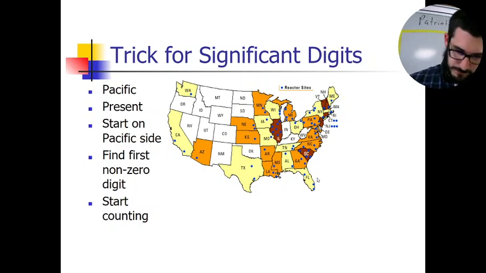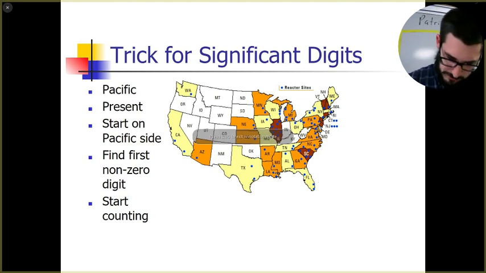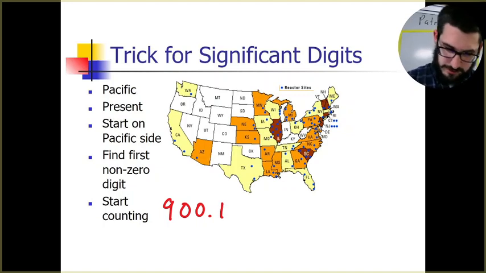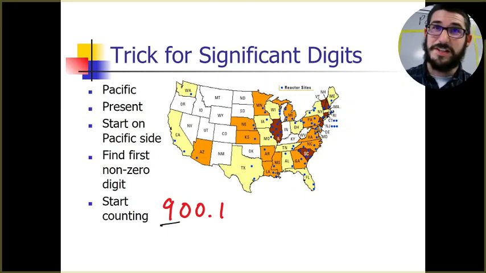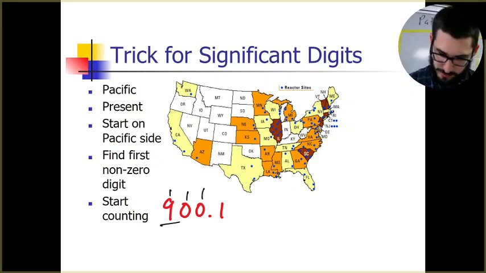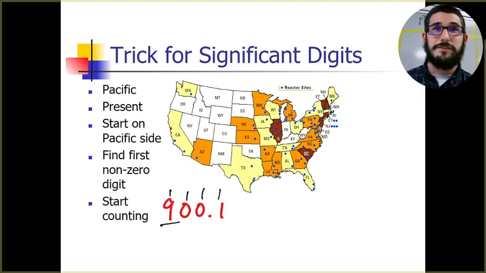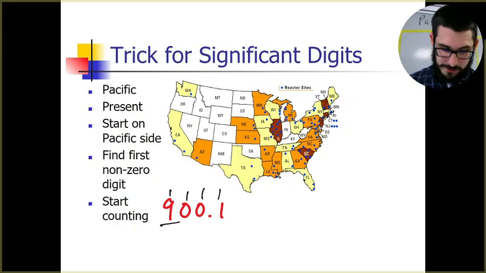And so if we look at a number, we've got 900.1. The decimal is present, so we're going to start on the Pacific side, which is the left. That's 1, 2, 3, 4. We find the first significant digit, the first non-zero, and count left to right.